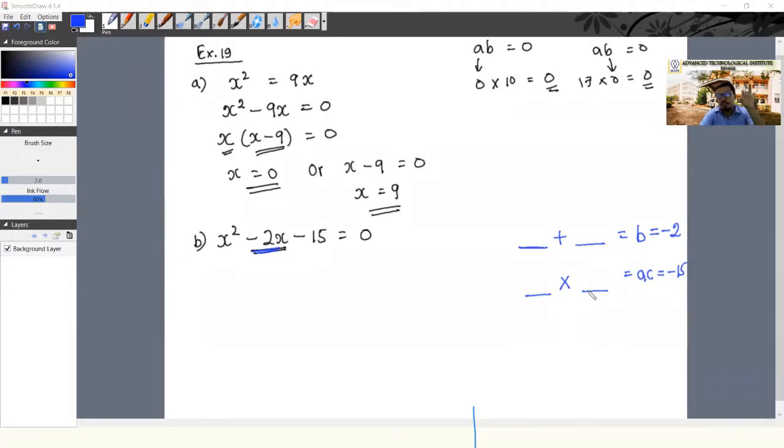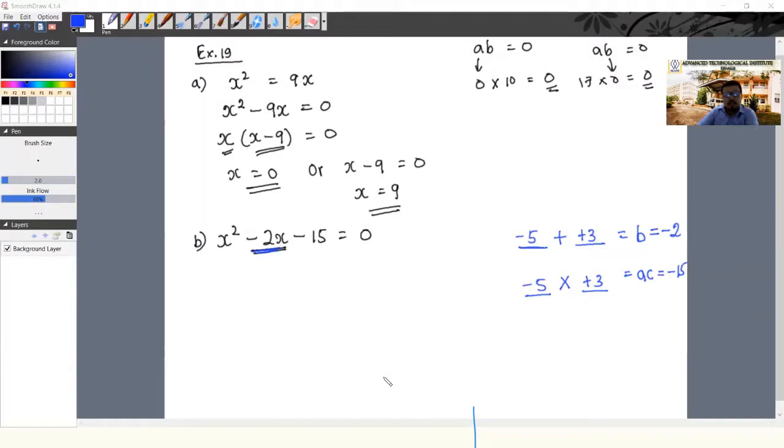Here the larger one should be minus, and the smaller one should be plus. What are those two numbers? Minus 5 and plus 3. See, minus 5 into plus 3 is minus 15. Minus 5 plus 3 is minus 2.